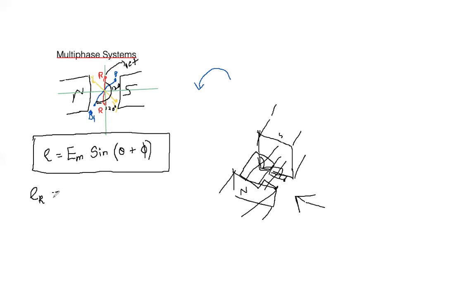So we're going to write ER is equal to EM sine theta. So this one is just sine theta because phi is 0. Okay? We together?